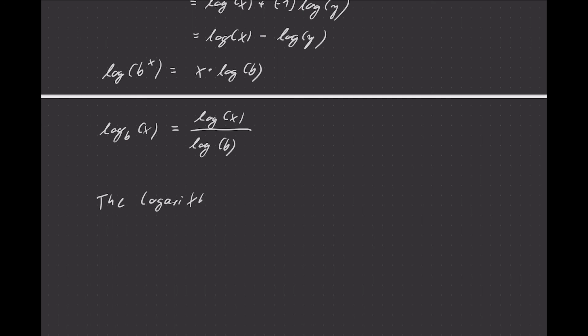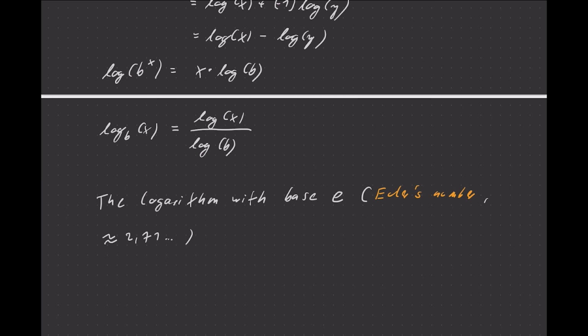The logarithm with base e, and that e is known as Euler's number, and is approximately something like 2.71 and so on. I'm not going into the details here. We'll talk about Euler's number later on some more.